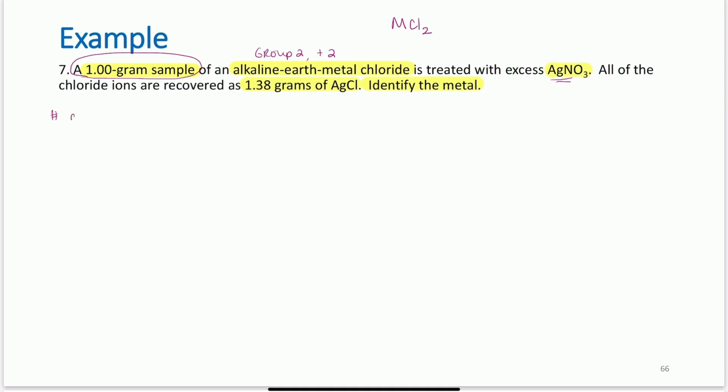So let's first get the number of grams of chloride. 1.38 grams of silver chloride are isolated. Convert that to moles of silver chloride. I know that there's 1 mole of chloride ion to every 1 mole of silver chloride.